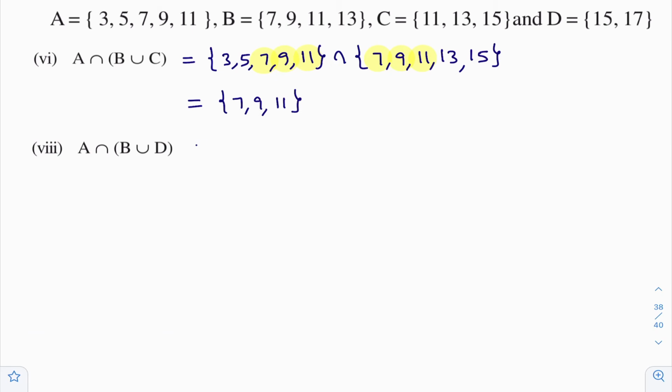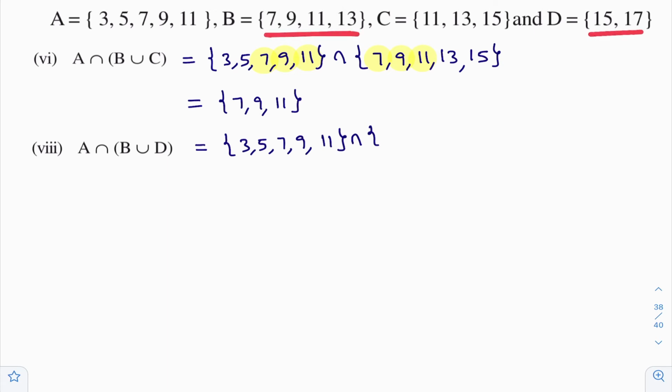This problem is also similar to the last problem. First I will calculate B union D. Before that, you write what A is. The set A is 3, 5, 7, 9, 11. Intersection B union D. What is B union D? Just try to write B union D directly.